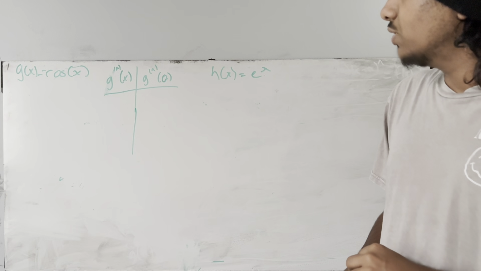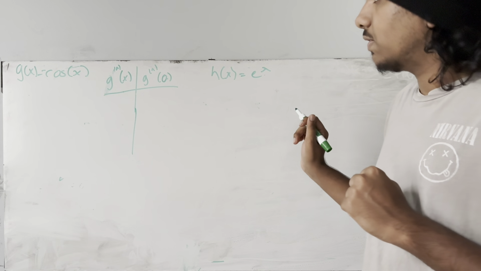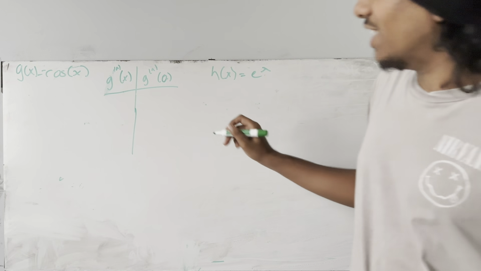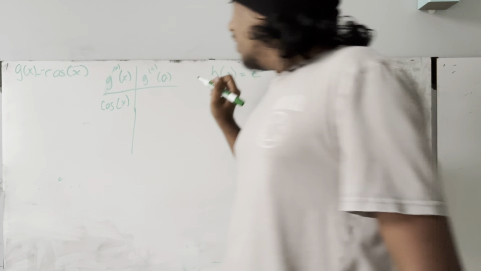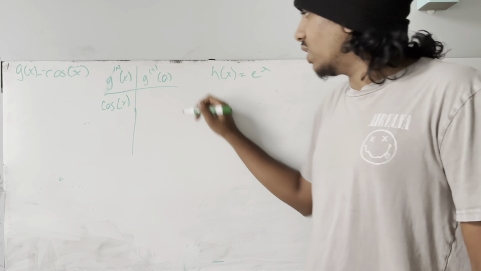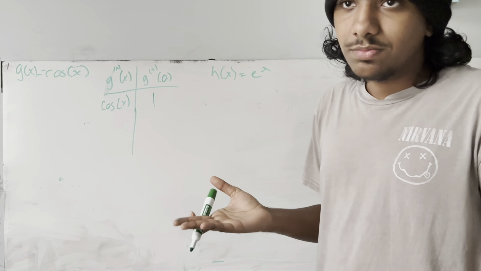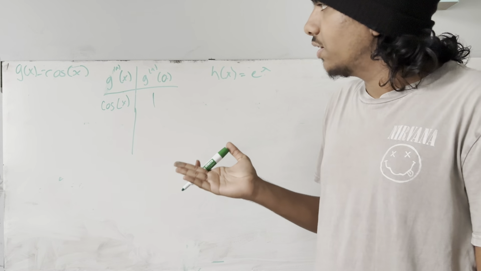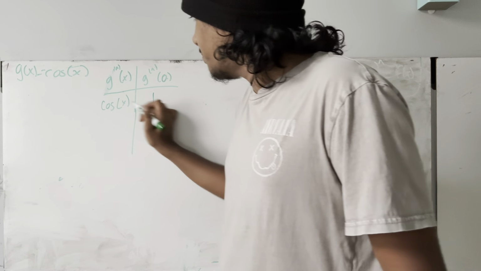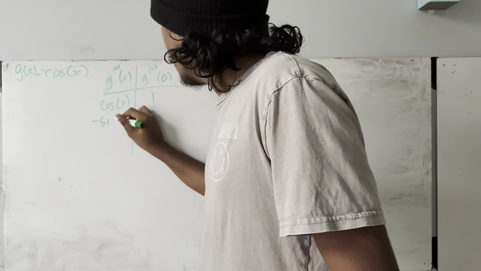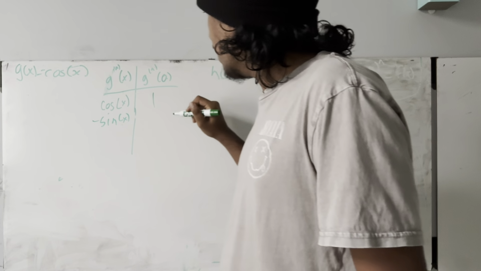Okay. So let's do the 0th derivative of cosine of x. That's just cosine of x. 0th derivative means don't change anything. Cosine of 0 is 1. Pretty simple. And then let's take the first derivative. That's negative sine x, right?